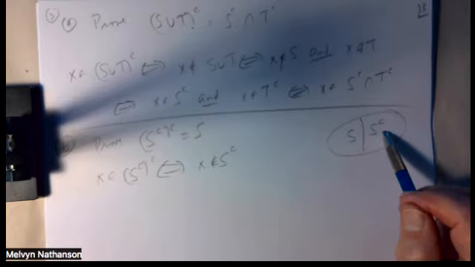It's like here we have our universe, here's S, and this is the complement of S. So every element is either in S or the complement of S. If X is not in the complement of S, that means X is in S. And that's the whole proof. Question?